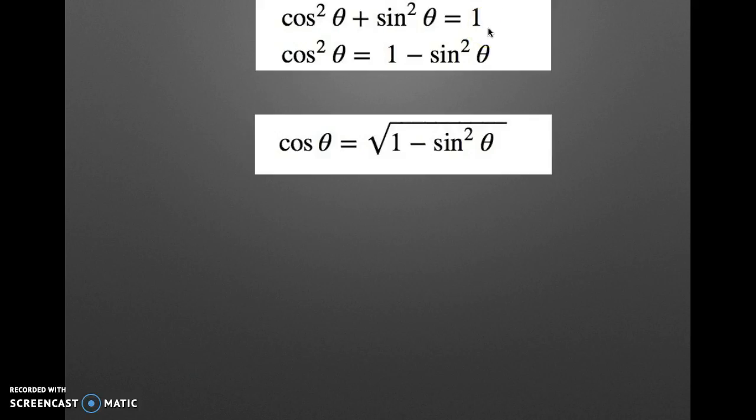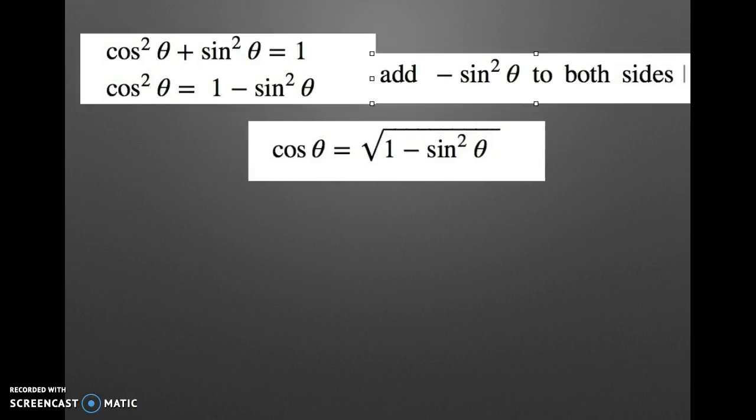Now, if we add negative sine of theta squared to both sides, then we get cosine of theta squared equals 1 minus sine of theta squared, which means that cosine of theta equals the square root of 1 minus sine of theta squared.